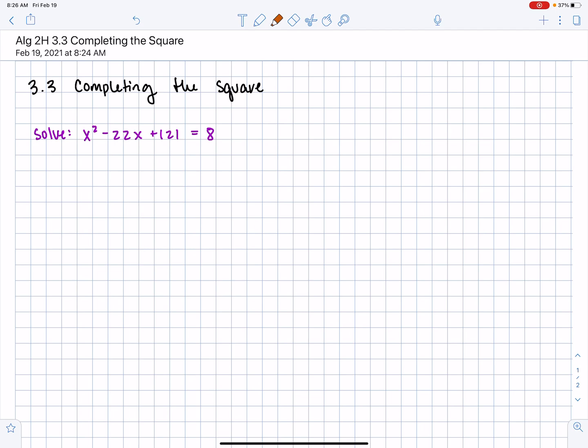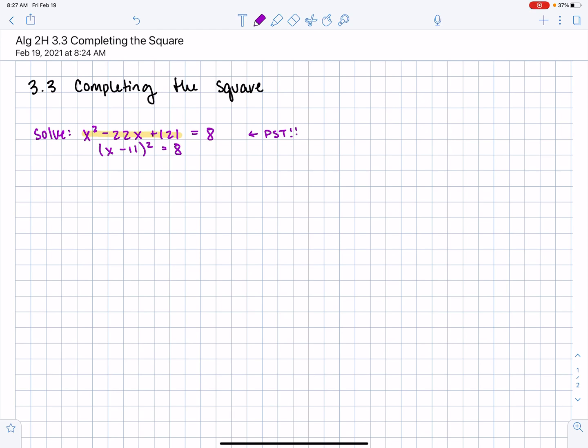But if we notice, what's special about this trinomial is that it is a perfect square trinomial. And what's so cool about that is that it actually factors into x minus 11 squared.